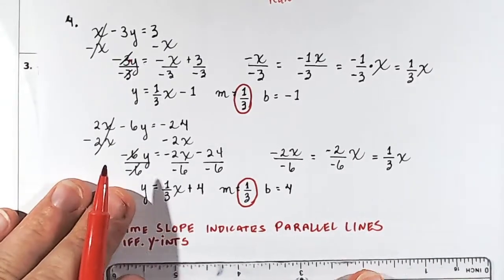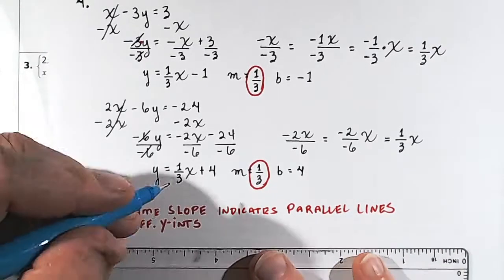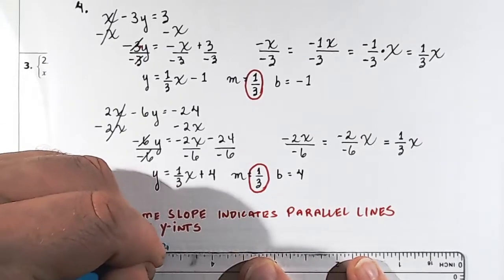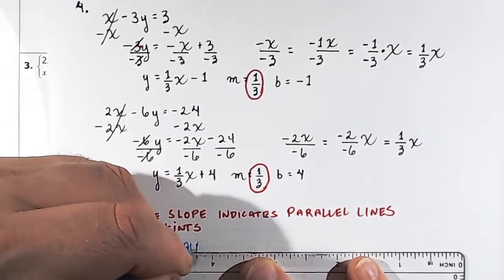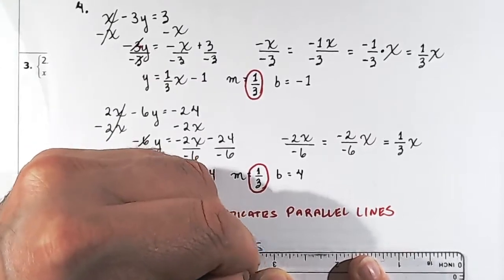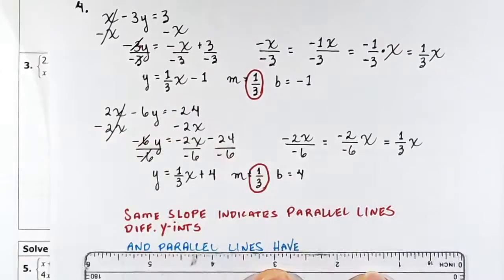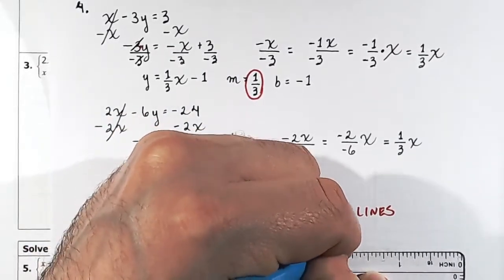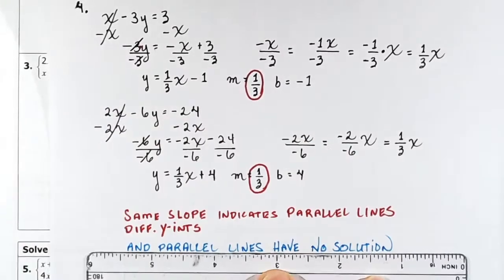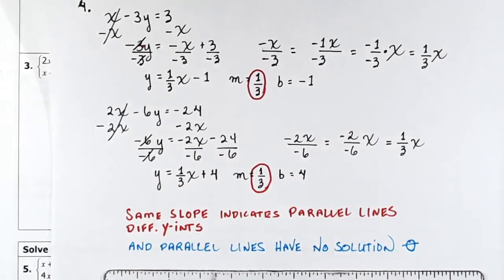And parallel lines have no solution, which sometimes you see represented as a 0 with a line through it. No solution.